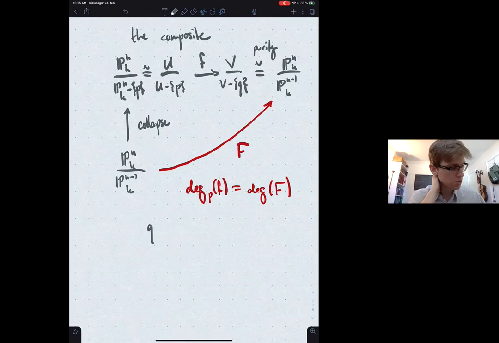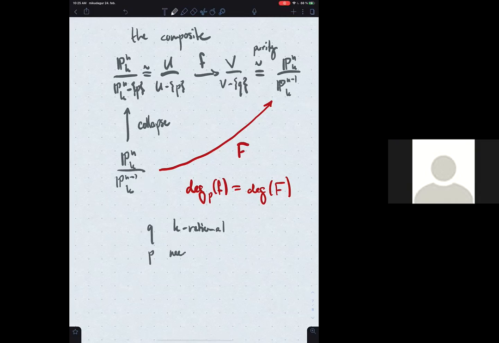Q is K-rational. If P is K-rational as well, then you don't even have to worry about this collapse map. But if P is not K-rational, then you don't have this nice purity isomorphism, at least the way you would want it. Okay, yes, right, thanks.